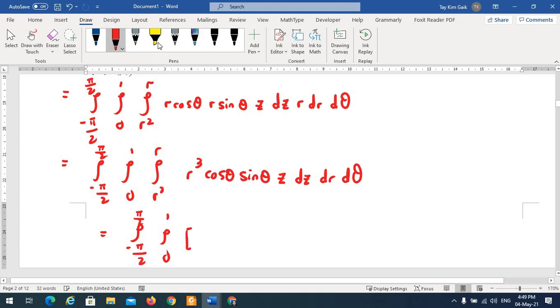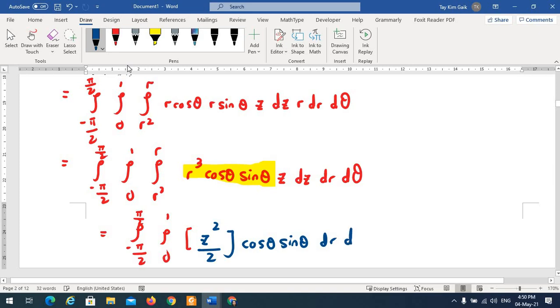So all this constant. Then you just integrate z, you have z squared over 2. Then you factor out the cos theta, sin theta, dr d theta. Limit for z is actually from r squared until r.